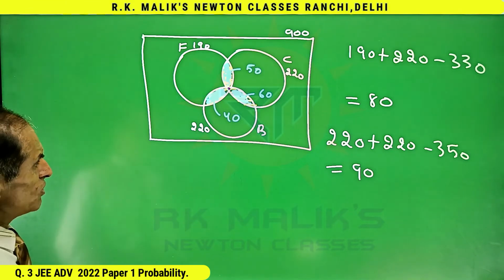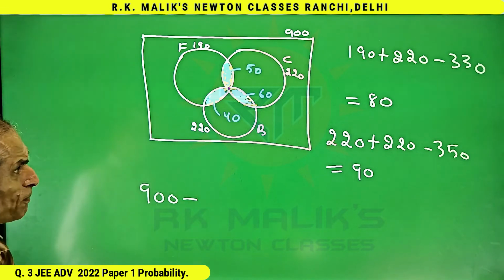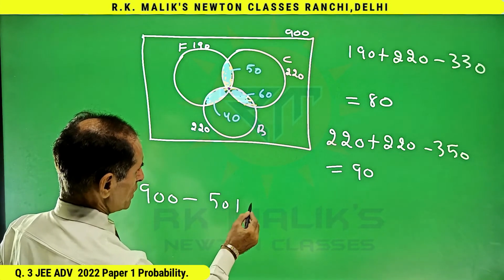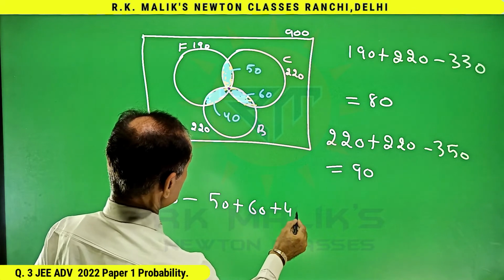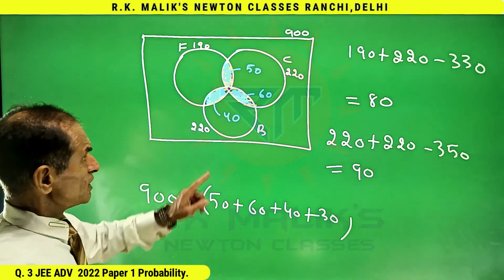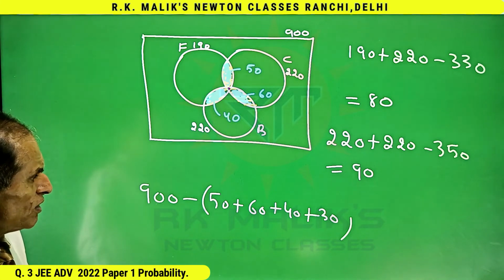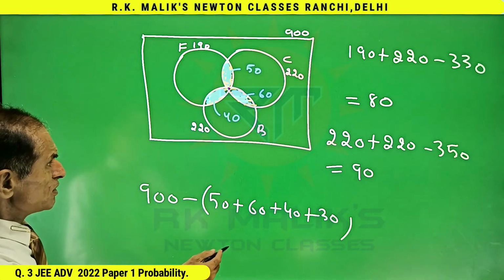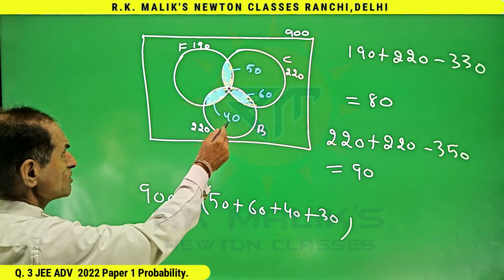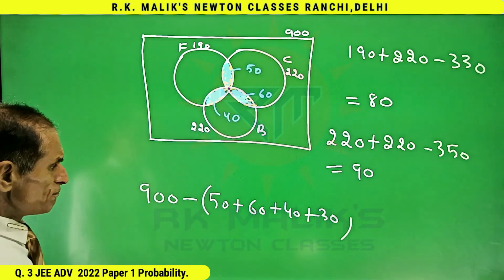It is clear that from 900 persons, if we subtract the numbers 50 plus 60 plus 40 plus 30, that is this portion, this portion, this portion and this portion, the remaining persons will be lying outside or at the position of F only or C only or B only.